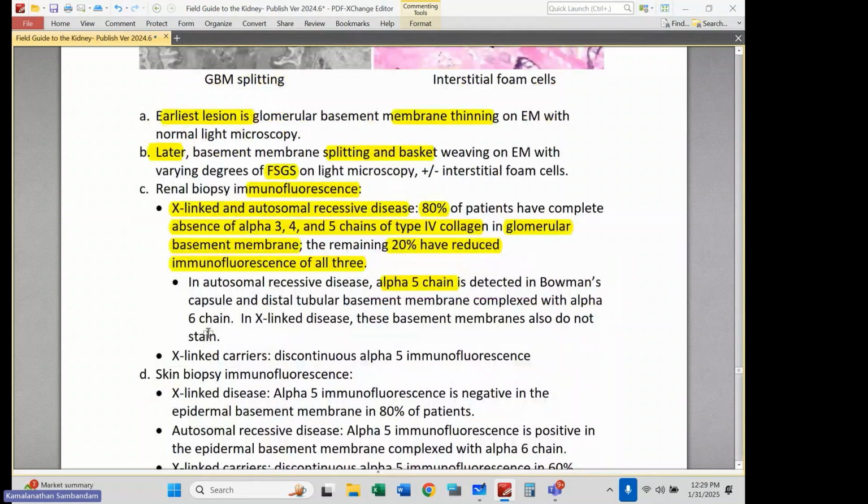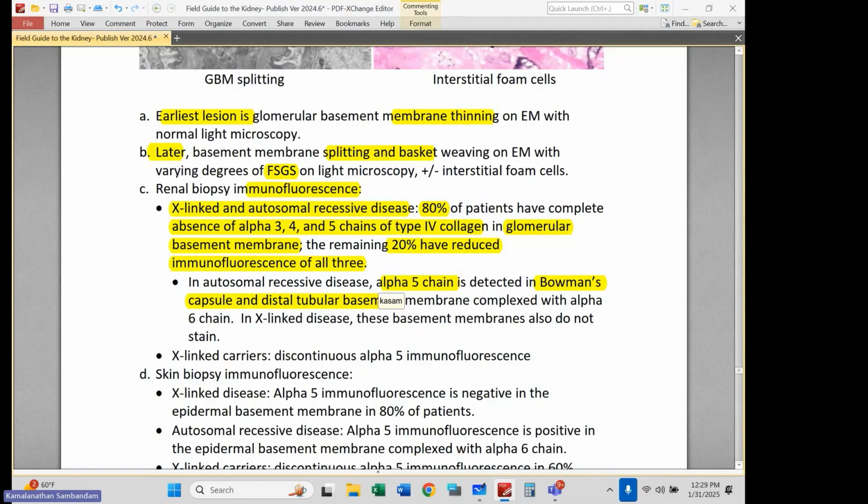So if I have autosomal recessive disease, that means I have a mutation in alpha-3 or alpha-4. I have both of my 3s or both of my 4s knocked out. Then I can see alpha-5 chains in Bowman's capsule and the tubular basement membrane. Why?